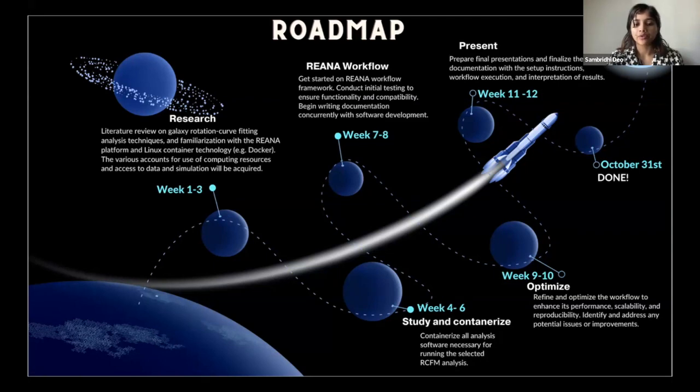And then I had to containerize all the important information from the target analysis, specifying the packages and dependencies. Third was to get familiar with the REANA workflow, and for that, I implemented an example analysis. And the others were to optimize and present. My last day of the fellowship is October 31st.